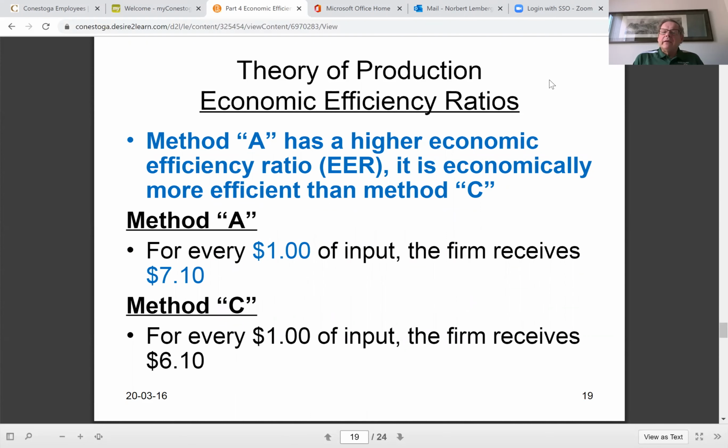It is economically more efficient than method C, because what this output of 7.1 tells us is that for every $1 of input, the company receives $7.10. Method C, for every $1 of input, is only returning $6.10. So obviously that extra dollar is attractive to the company. They will select method A.